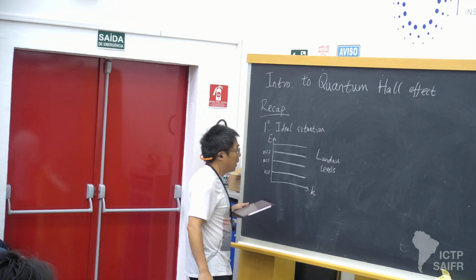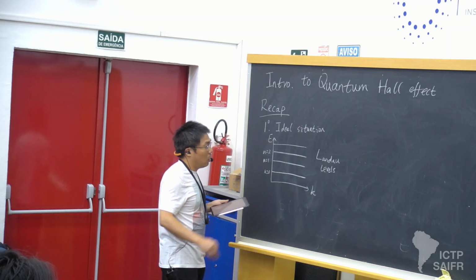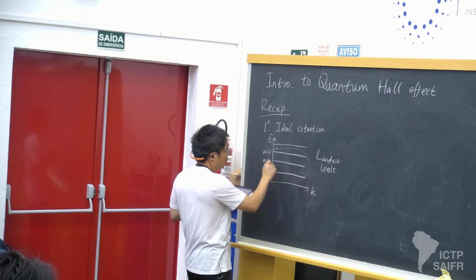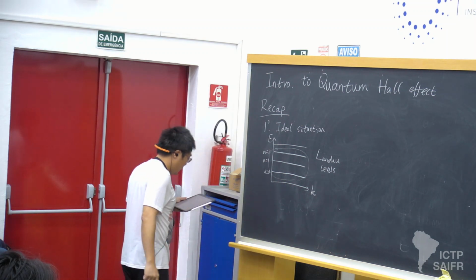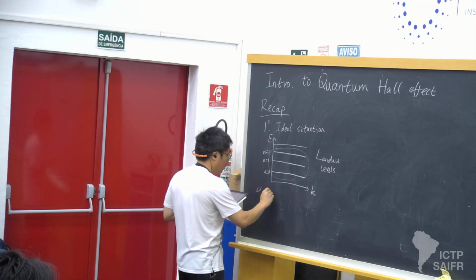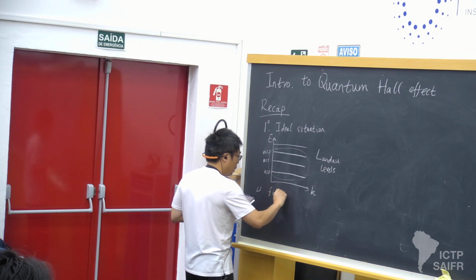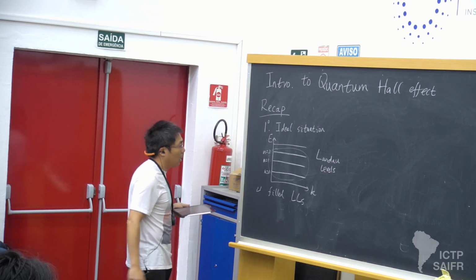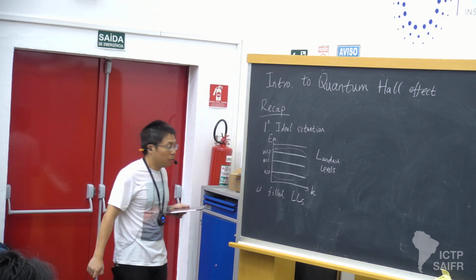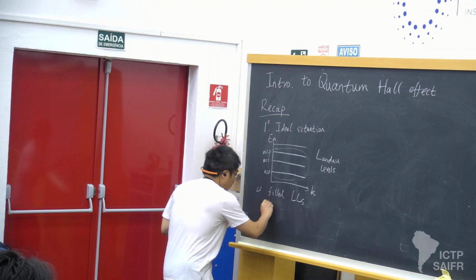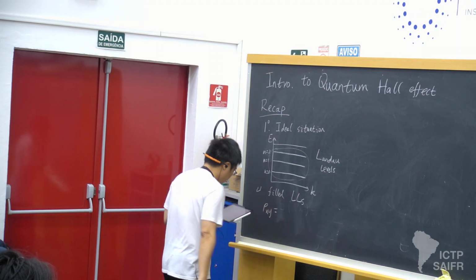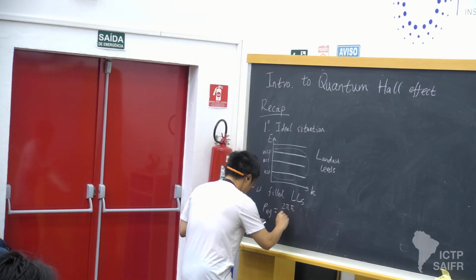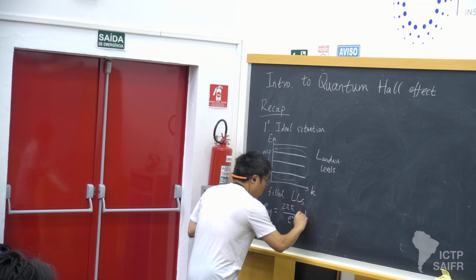And what we learned is that in this ideal situation, if I occupy an integer number of Landau levels, let's say we occupy ν Landau levels, then we can compute the resistivity of this state, and we end up with the Hall resistivity being 2πħ/e² times 1/ν, right?